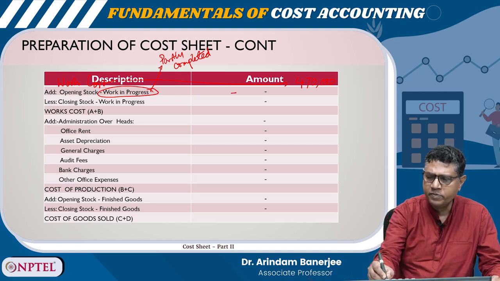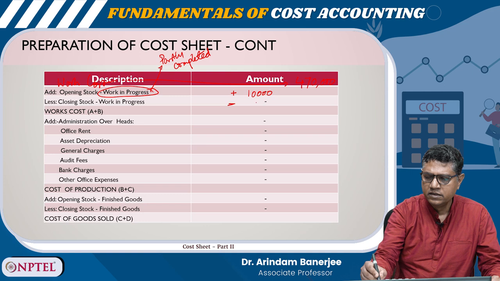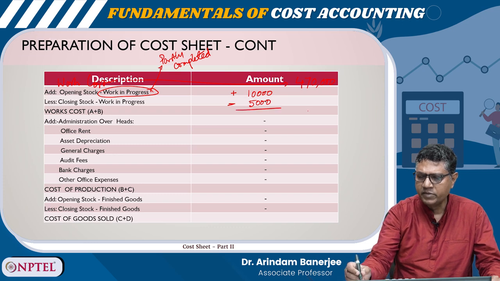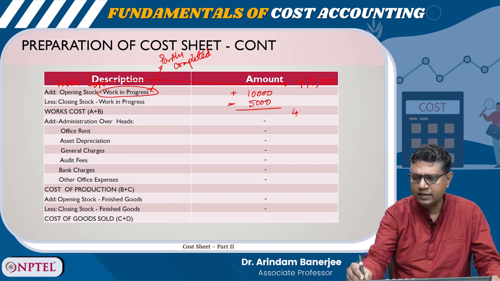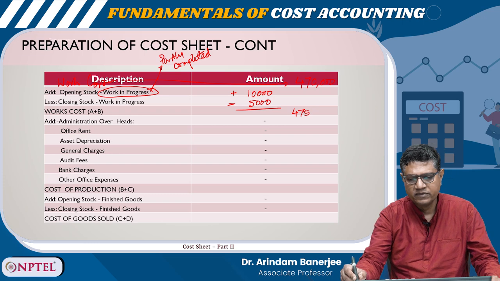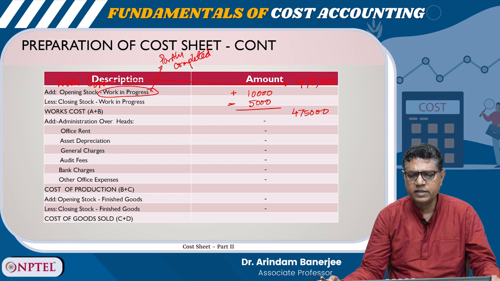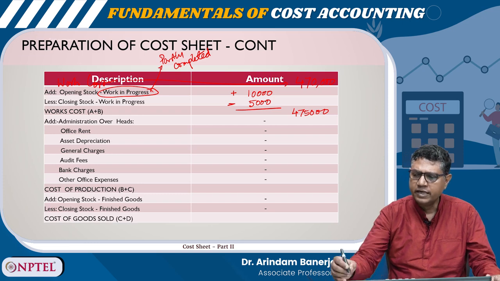Suppose opening WIP is say 10,000, and closing WIP is say 5,000. So I am getting 4 lakh 75, right? Before adjusting the WIP, the works cost was 4 lakh 70. After adjusting the work in progress, it is 4 lakh 75.